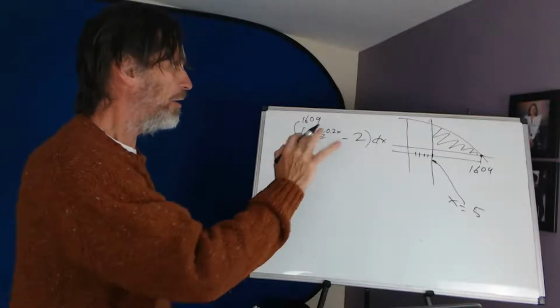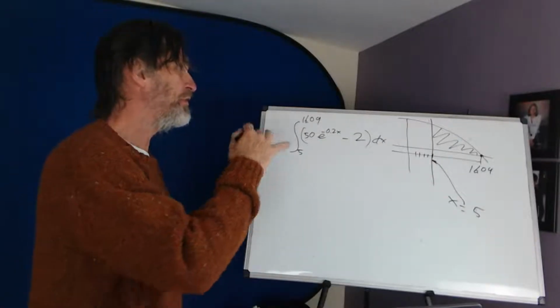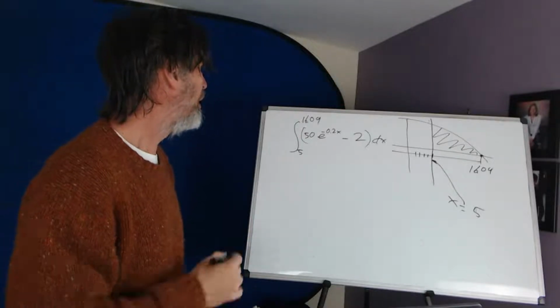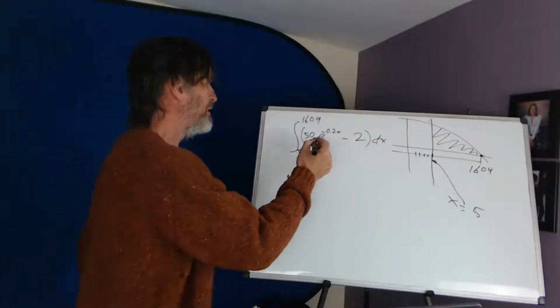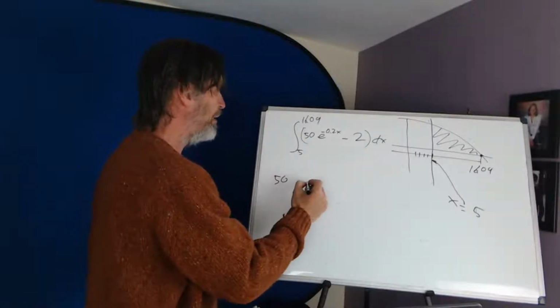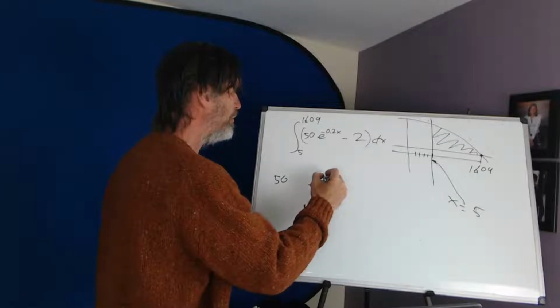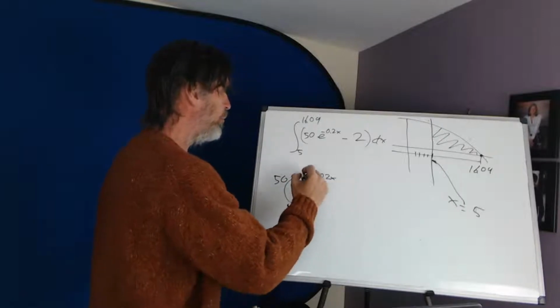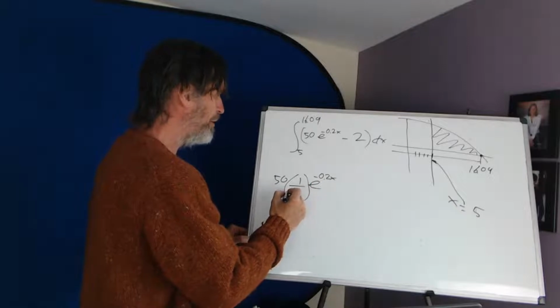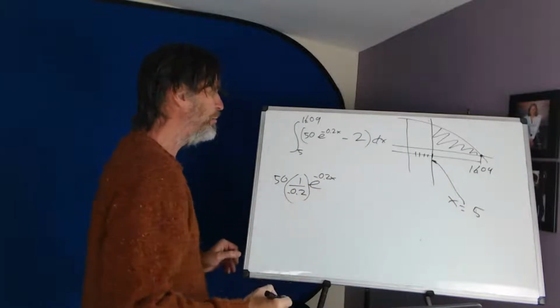All right, so on today's exam, this is as far as I'm going to ask you to go. Just write that definite integral, but we'll complete it for this exercise. So the antiderivative of this will keep the 50, we'll keep the e to the negative 0.2x. We'll multiply this by the reciprocal of the derivative of the exponent, negative 0.2.